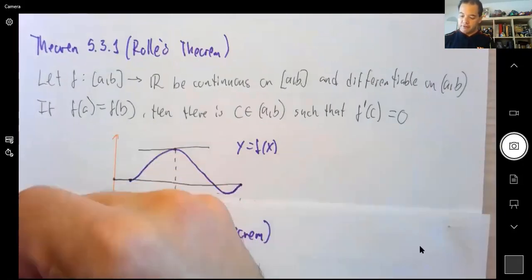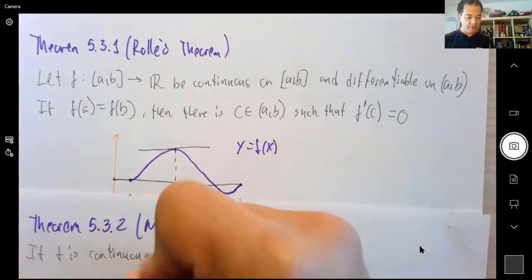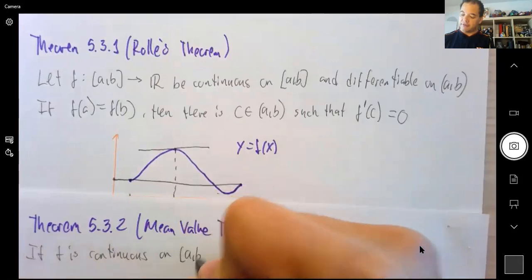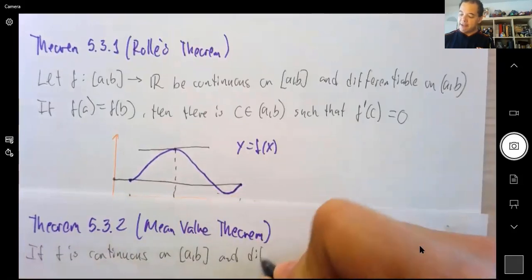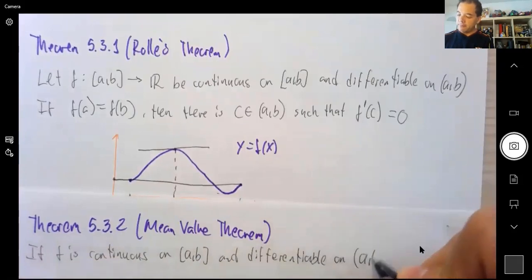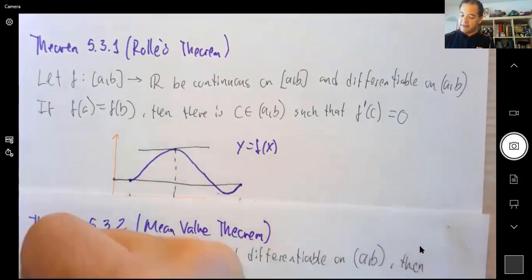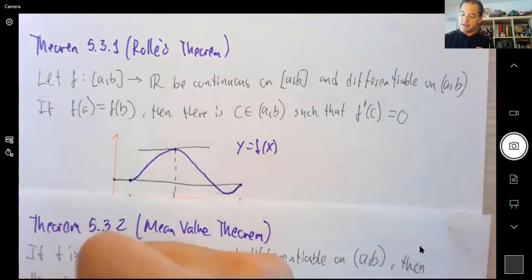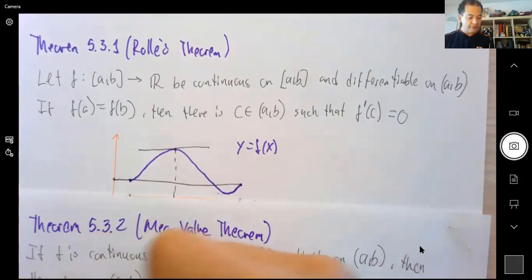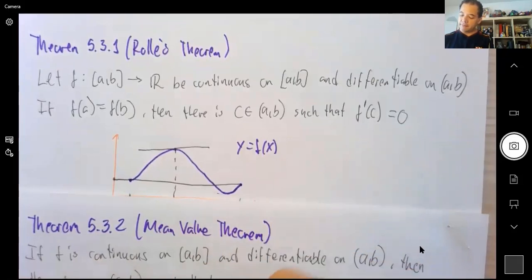If f is continuous on the closed interval [a, b] and differentiable on the open interval (a, b), then there is c in the open interval (a, b) such that f prime of c equals f of b minus f of a over b minus a.